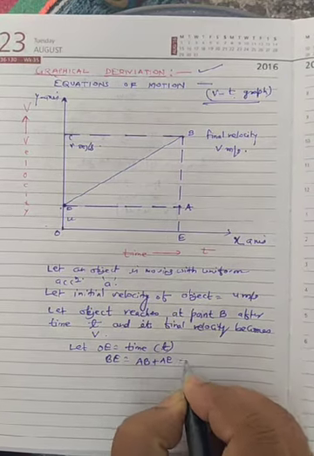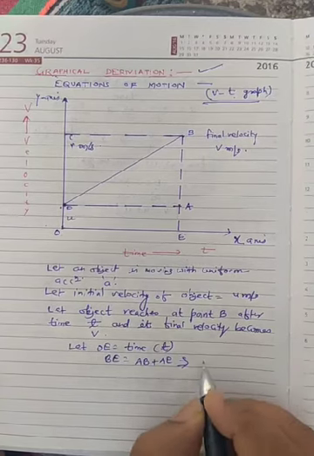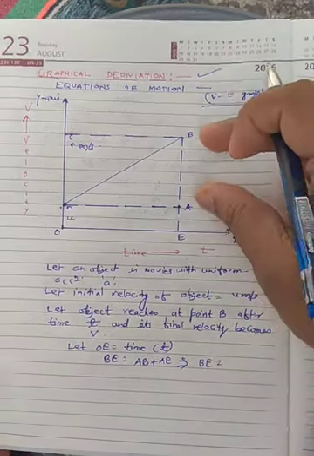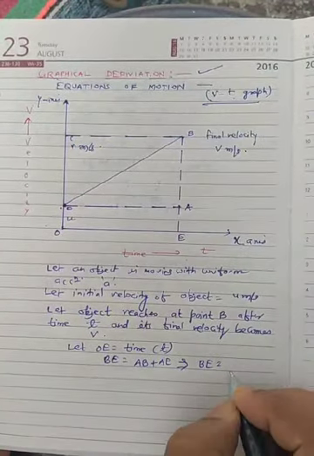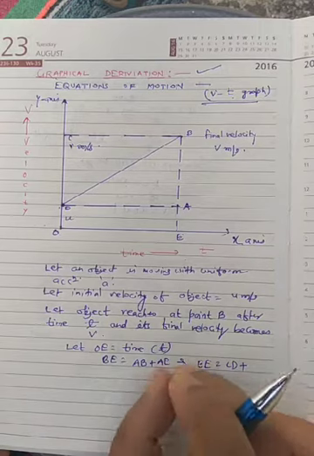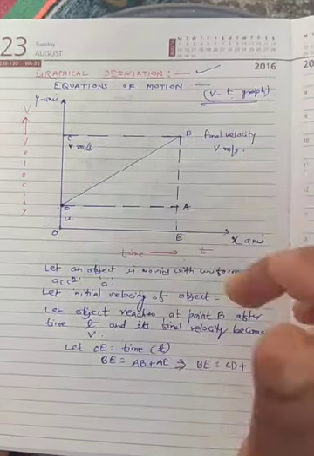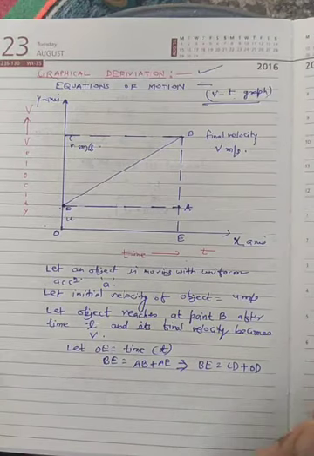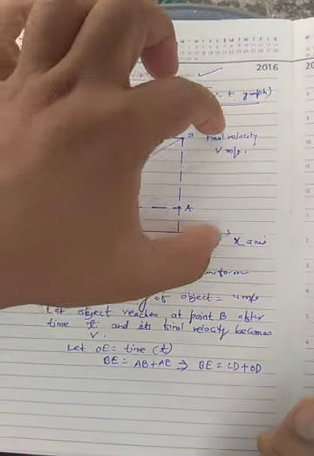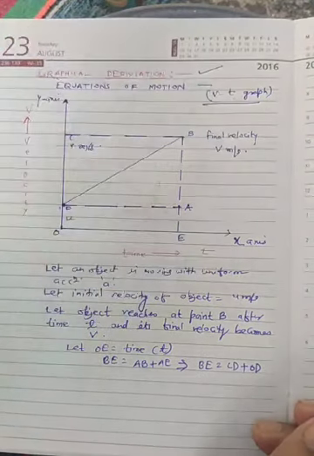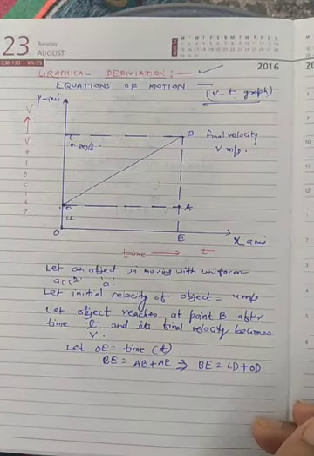So that implies BE equal to, in place of AB, what can we write? CD. So I am writing CD plus, in place of AE, what can we write? OD. Now tell me what is BE. BE is the final velocity.